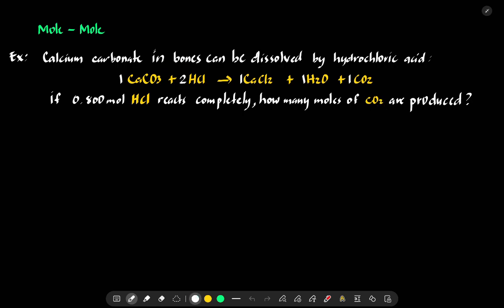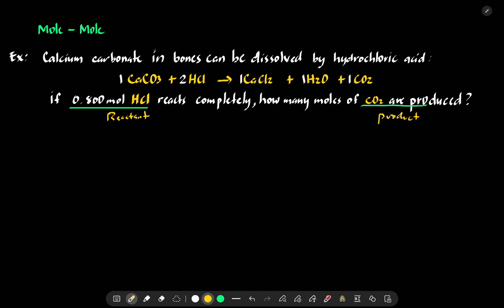So, to begin with, ang una nyo laging concern dyan is yung ating given. So here, we have given 0.800 mole of HCl. Okay? Then also, concern nyo rin yung isang involved na substance. So we can see that HCl is our reactant and CO2 is the product.